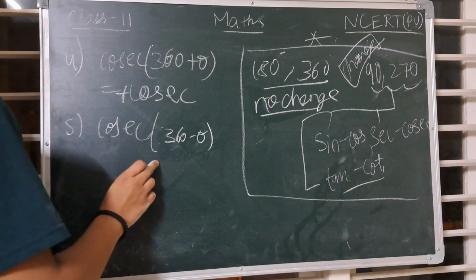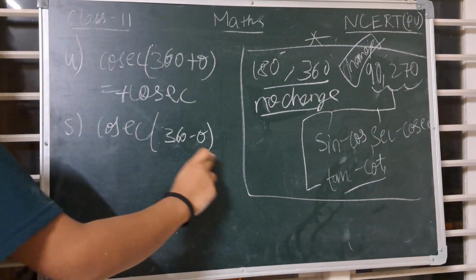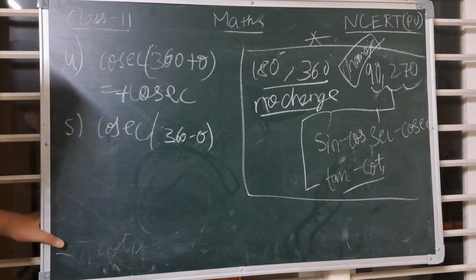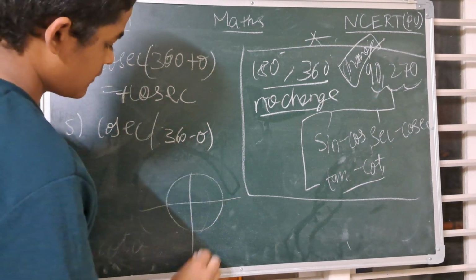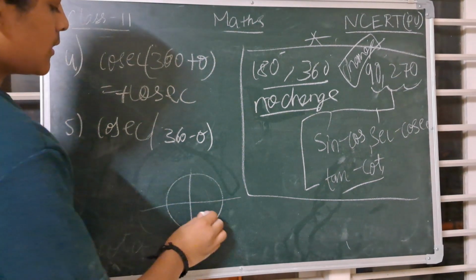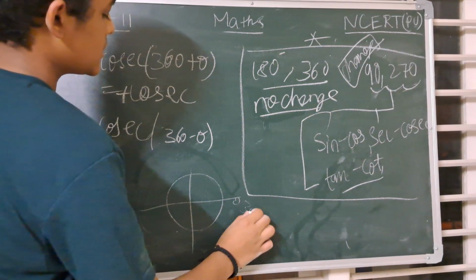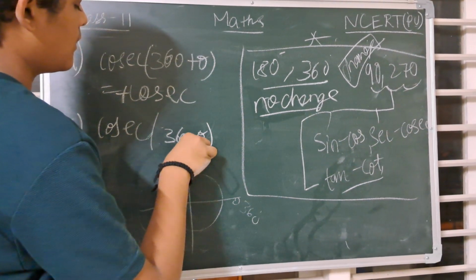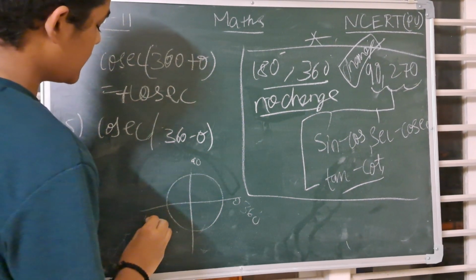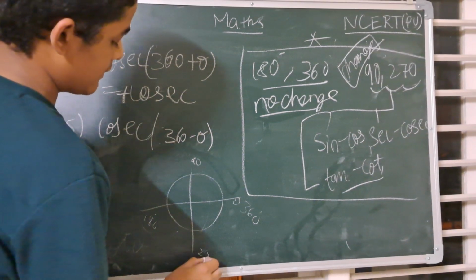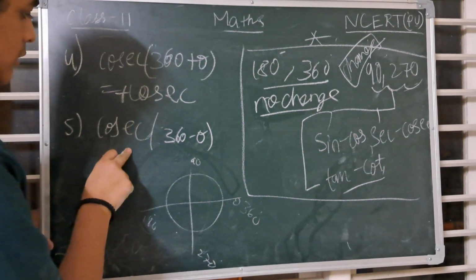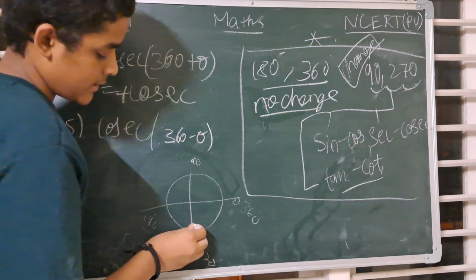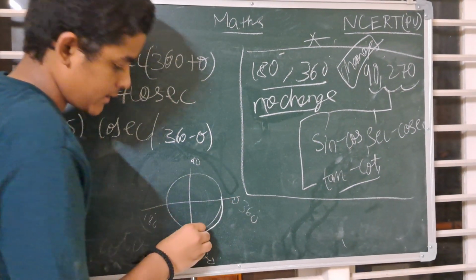And for cosecant of 360 minus theta, if it is a circle and I take 4 quadrants, this is 0, 360, 90, 180 and 270. Here we have cosecant 360 minus theta.